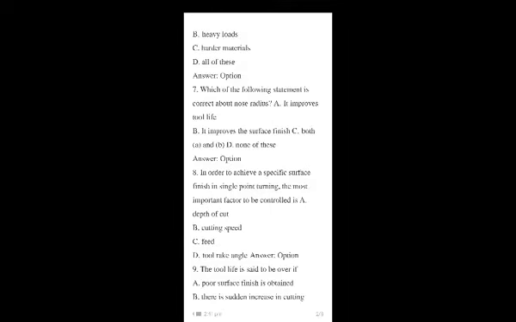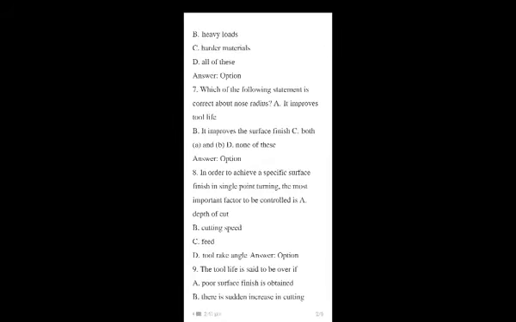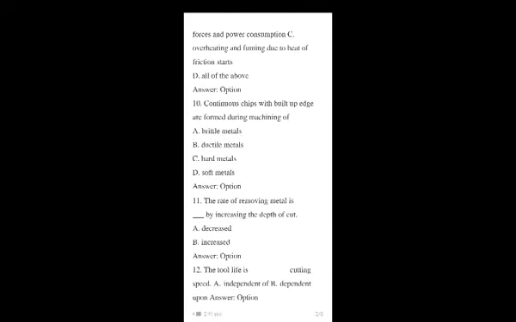Now next, the tool life is said to be over if... here the option D is correct, that means all of the above. Okay, so next question, continuous chips with built-up edge are formed during machining of ductile materials. For question 10, option B is correct, ductile metals.